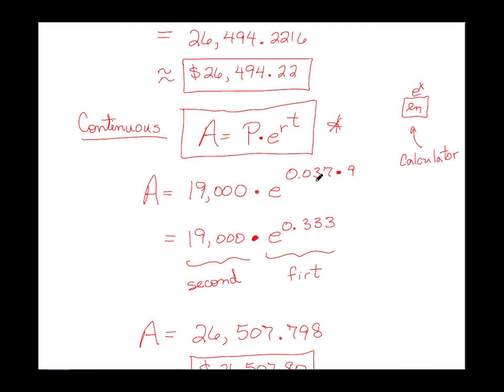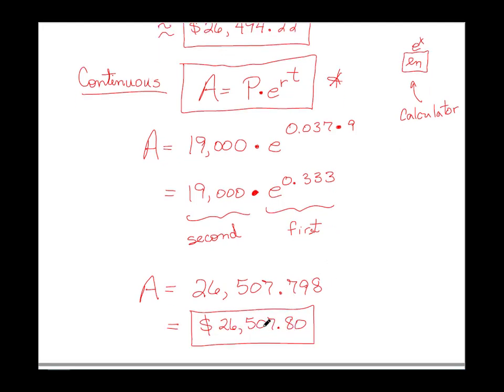Other than that, I simply fill in my interest and the number of years, which is 9, multiply these two together, and then do e raised to that power. Multiply it by the 19,002nd, and this is the number.